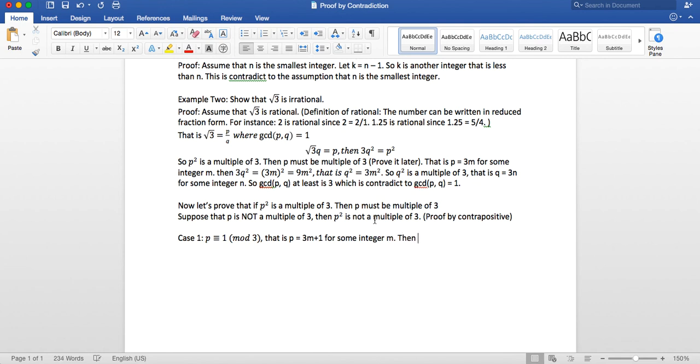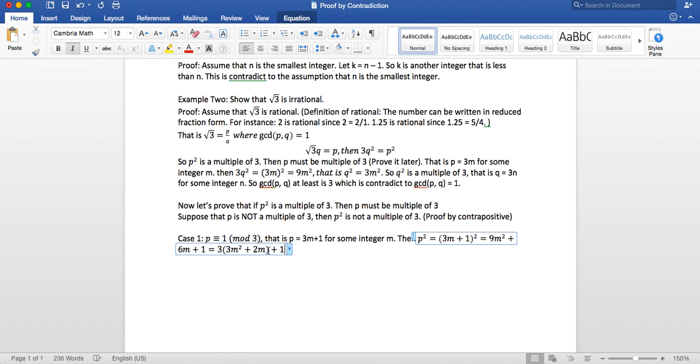Then p squared equals (3m plus 1) squared. Okay, that will give you 9m squared plus 6m plus 1. That will be 3 times (3m squared plus 2m) plus 1.